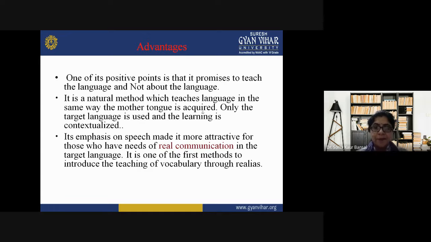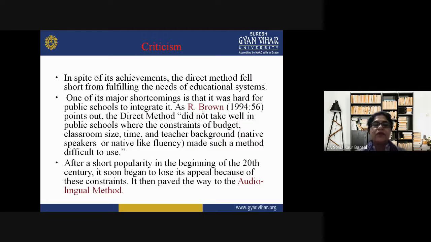All right. Now let's have a look at some criticism. In spite of its achievement, the direct method fell short of fulfilling the needs of the educational system. It is fine. The teacher is working so hard to teach the students the direct language.